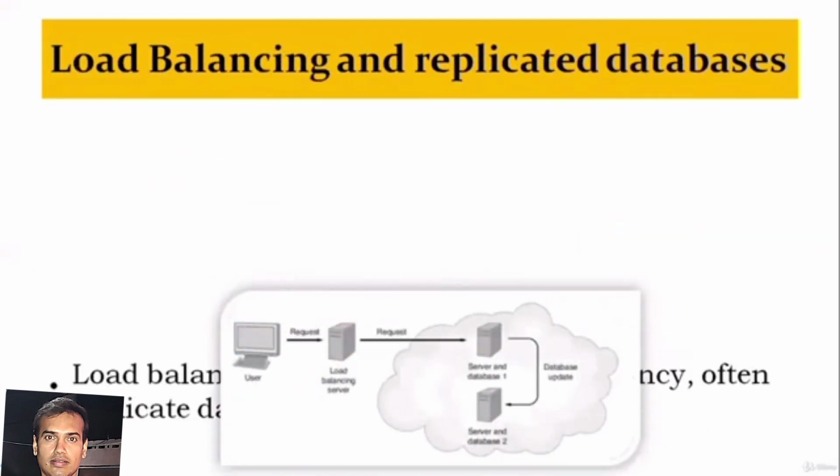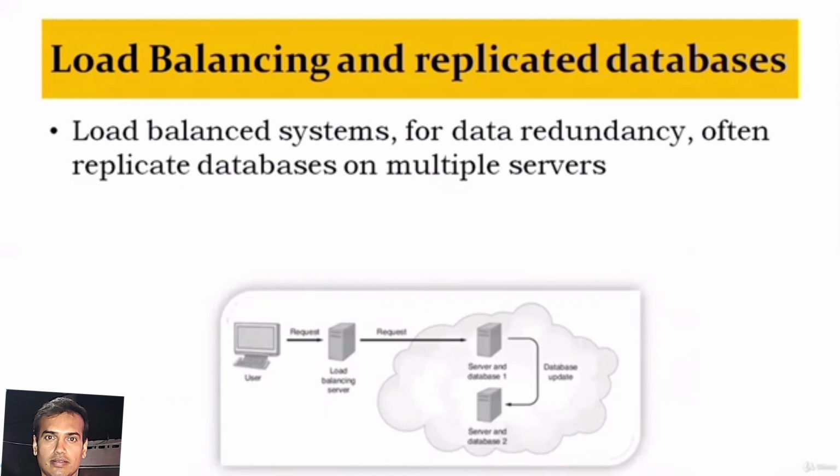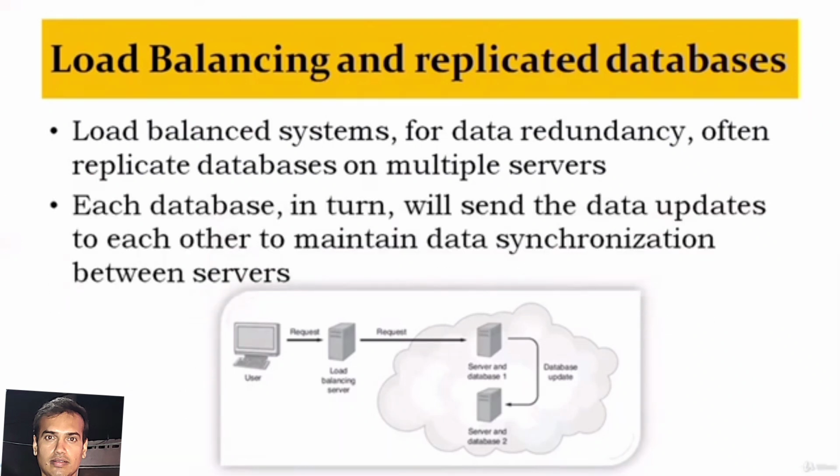Next concept is load balancing and replicated databases. Load balanced systems for data redundancy often replicate the databases on multiple servers. If you are duplicating this data center, that means we need to duplicate the databases as well. So here you can see in the diagram, each database in turn will send the data updates to the other.